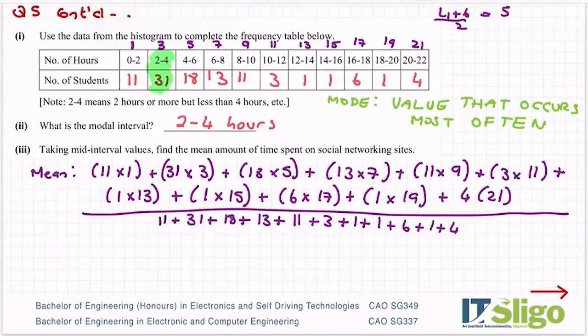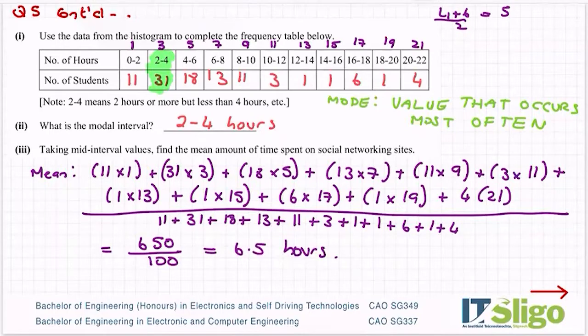It's 19 plus 4 by 21, over, and I'm going to cheat and put 100 on the bottom. Okay, so I am getting 650 on the top over that 100, and that works out as 6.5 hours.